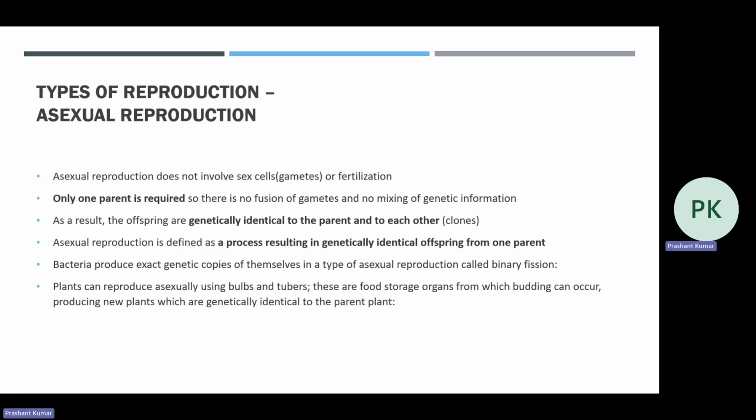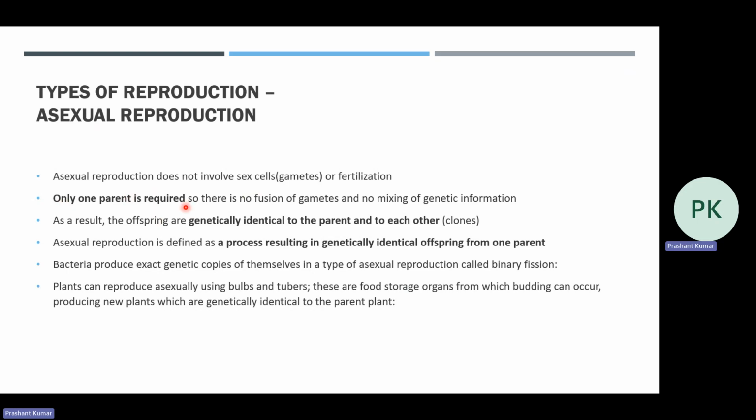Now there are 2 types of reproduction. First we are going to talk about asexual reproduction. Asexual reproduction does not involve sex cells. Always remember, in asexual reproduction, we need just one organism, and one organism is sufficient to produce the new organism. There is no need of sex chromosomes or sex cells or fertilization in this process.